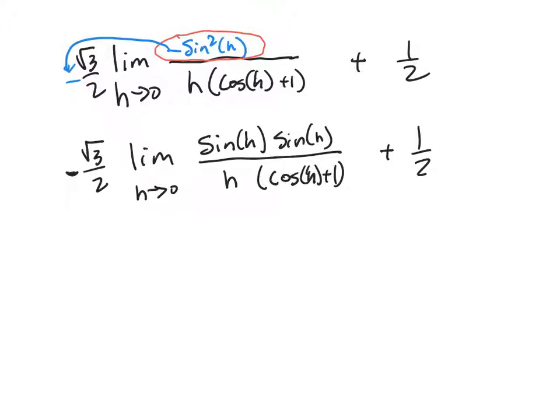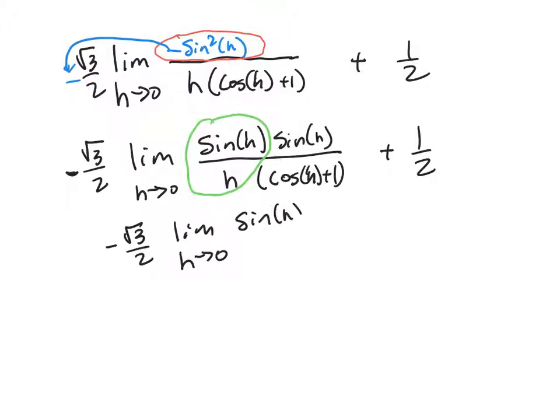And now you'll notice that we've been saying that this limit as h approaches 0 is a 1. And so I'm just going to eliminate that part, and then really all I have to do is figure out what this limit is. I need sine of h over cosine h plus 1.